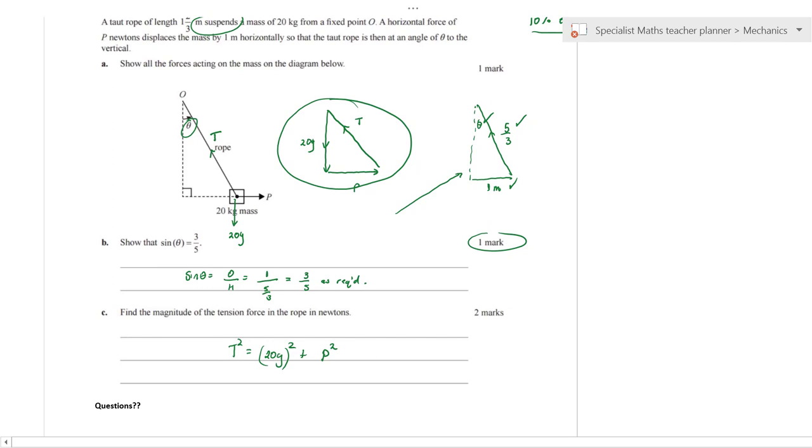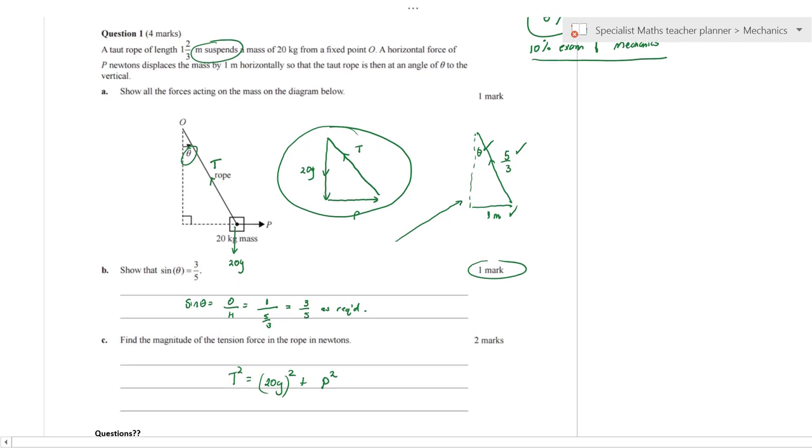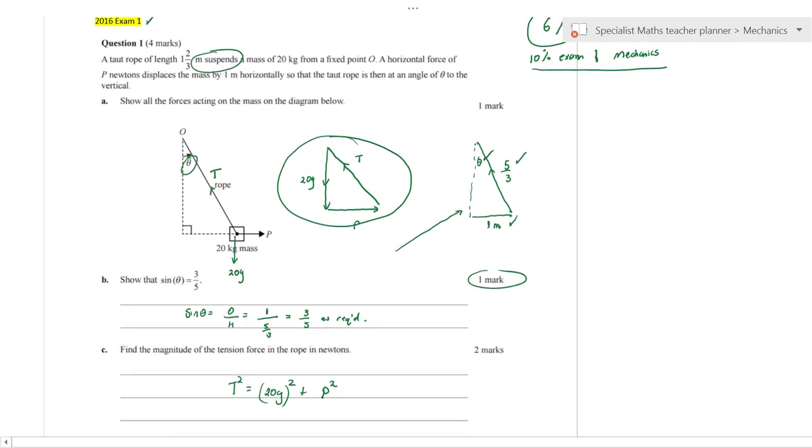The other thing that I've noticed though is that this looks to me like a Pythagorean triangle. So, well, we can see that. But the question is, we've got an unknown mass.